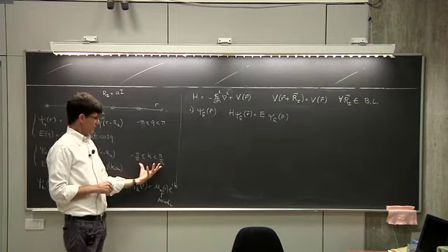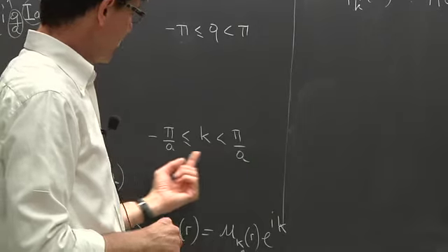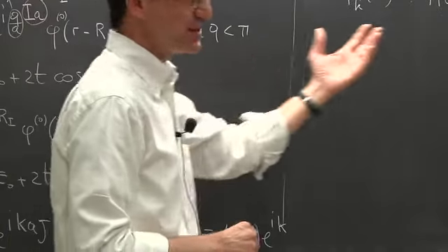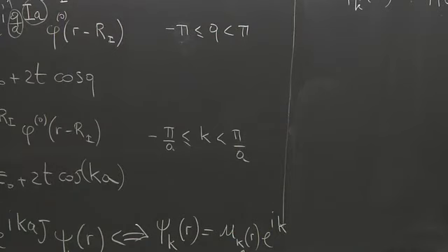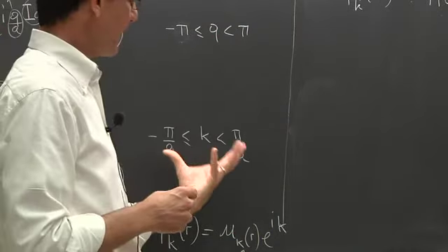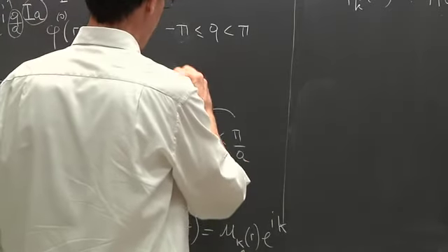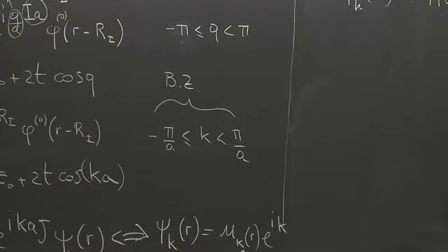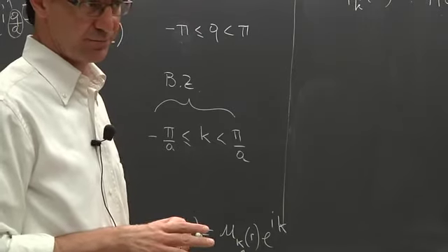Now, you have certainly noticed that this region, minus pi over a to pi over a, and the fact that we had periodicity 2 pi over a in 1 dimension, is actually the Brillouin zone of a 1-dimensional system. And 2 pi over a times n are the reciprocal lattice points in one dimension.